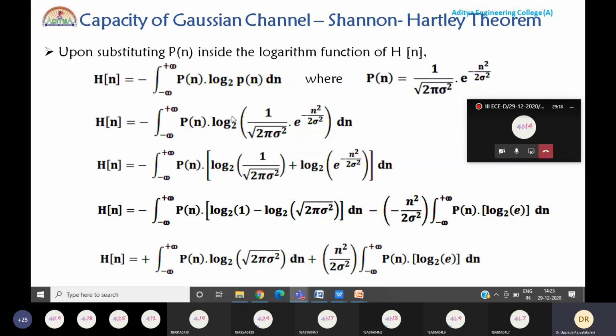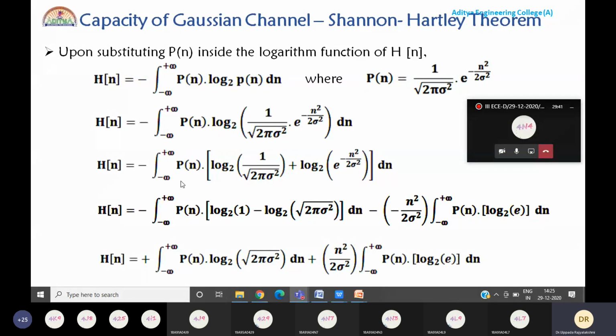Because it is in the form of log AB, we can write it as log A plus log B. Considering 1 by root 2 pi sigma square as A and e power minus n square by 2 sigma square as B, this is in the form of log AB. We can split it as log A plus log B.